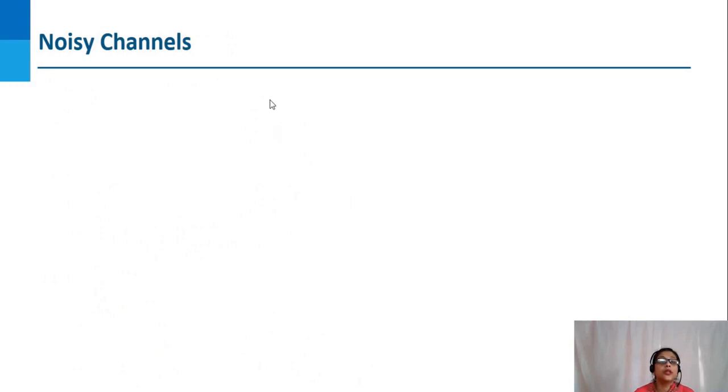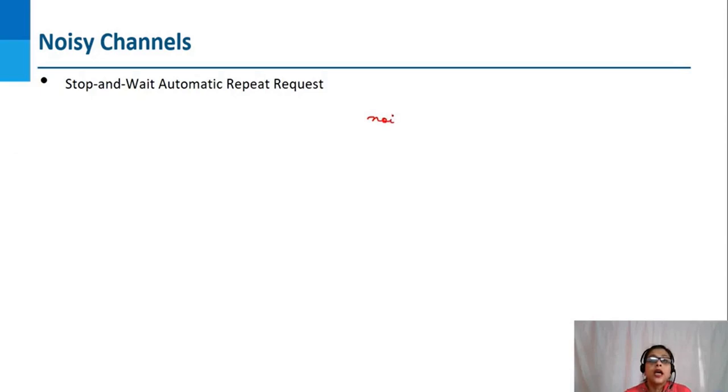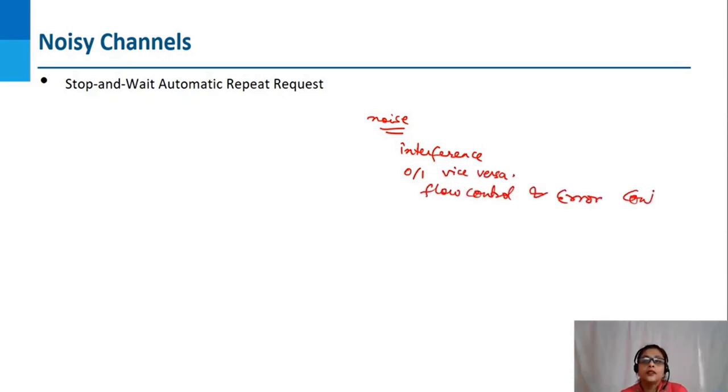Next we look into the noisy channels. For noisy channels, we think that there is noise, and so there can be interference, and zeros may be changed to ones and vice versa. So flow control and error control mechanisms must be integrated. The very first protocol is stop and wait automatic repeat request.